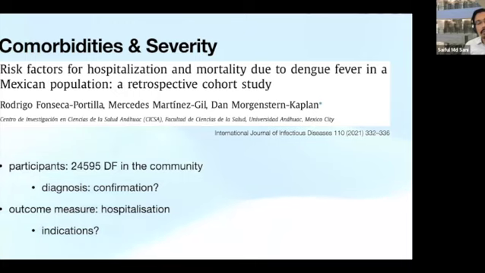And secondly, in this paper, what I would criticize is the outcome measure. They mentioned that the outcome measure is hospitalization, but unfortunately, the authors failed to specify explicitly what the indications of hospitalization were. For example, in Malaysia, we are a lot more specific.